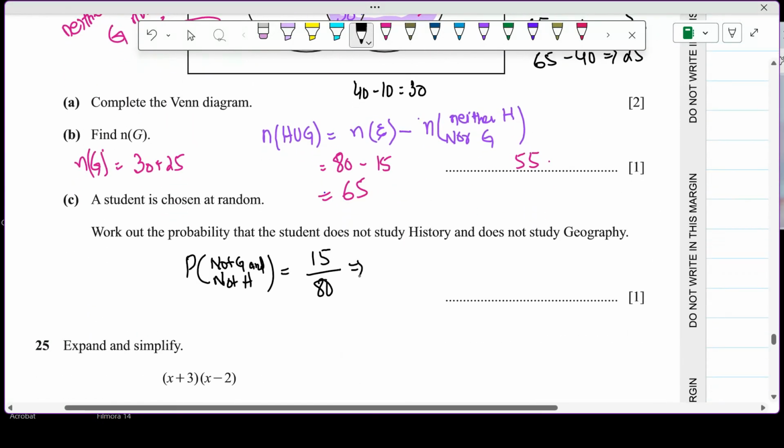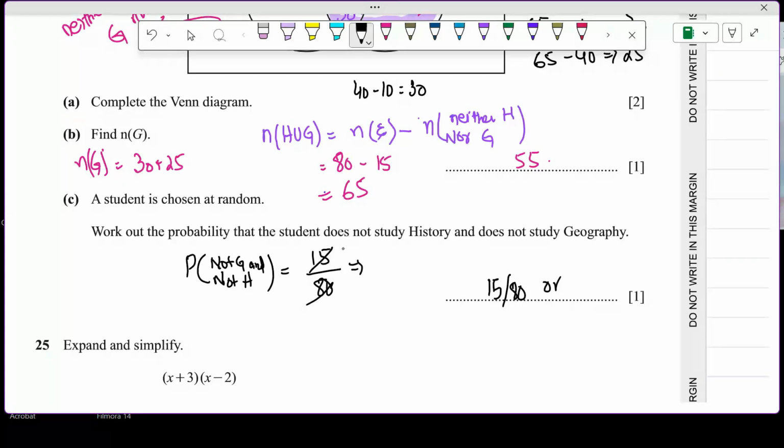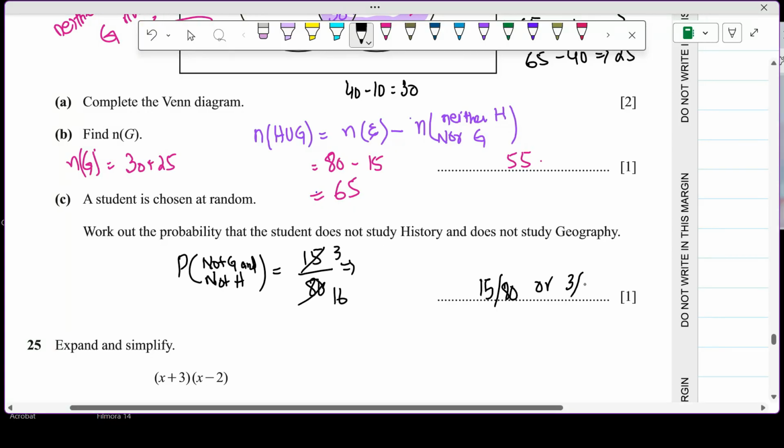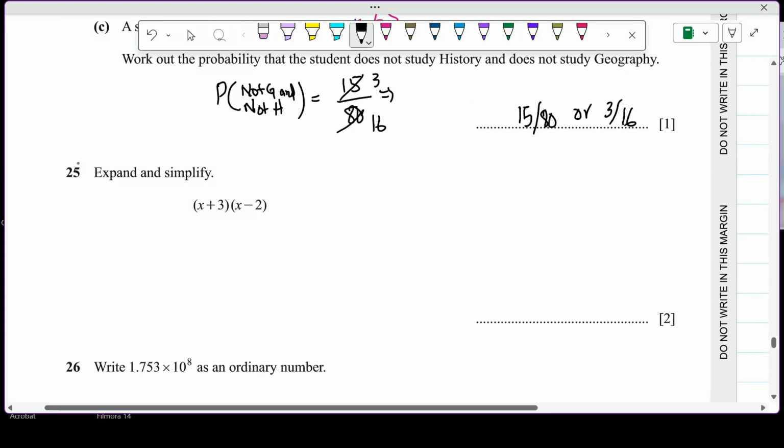So this one is equal to 15 over 80, or you can simplify it. 5 3s are 15 and 5 16s are 80. So 3 over 16.